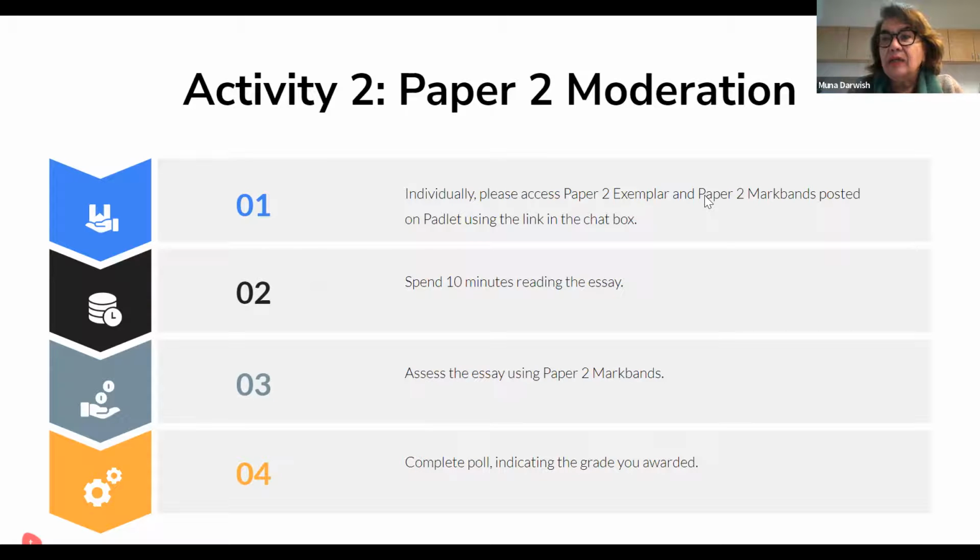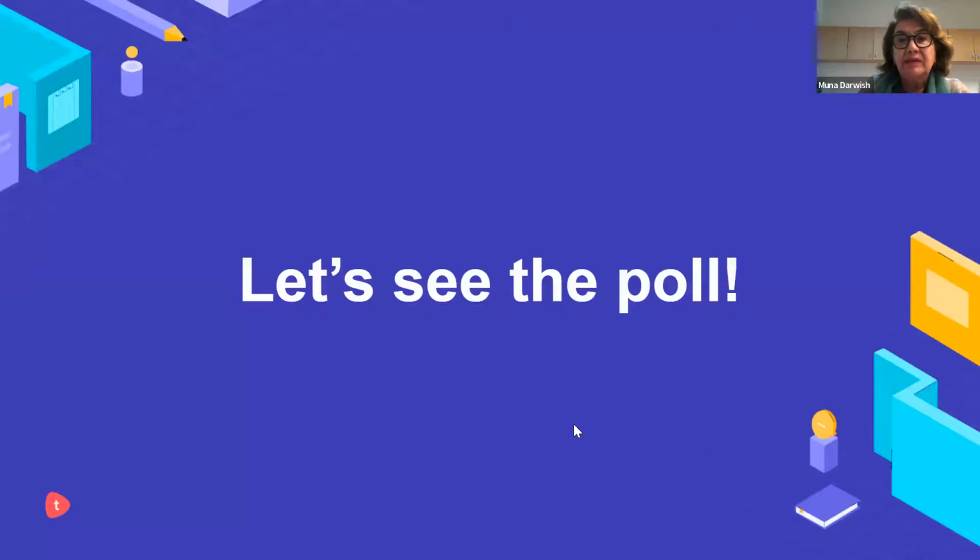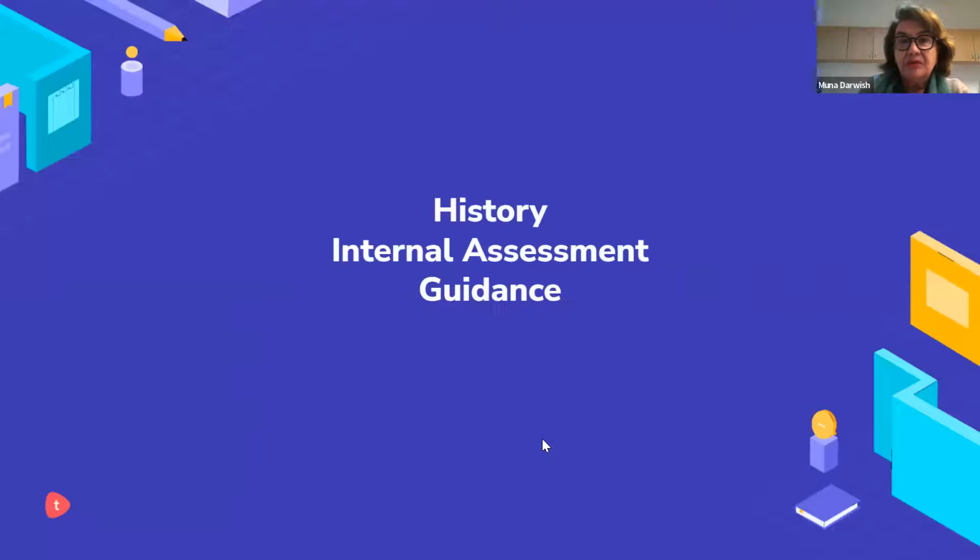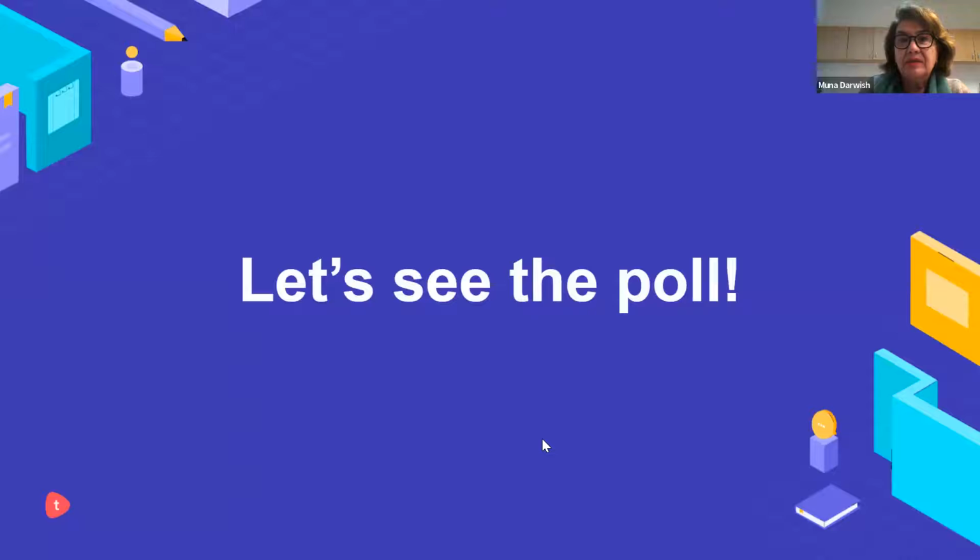You know, an incomplete essay is never accorded in the last 2 bands, regardless of the quality of the completed sections. This is important for us to understand as teachers.